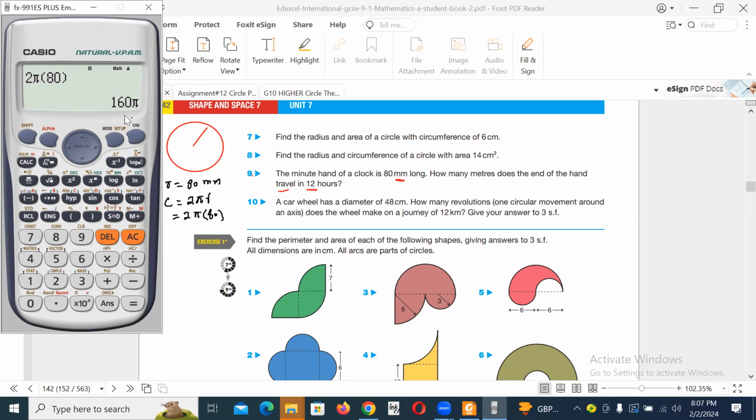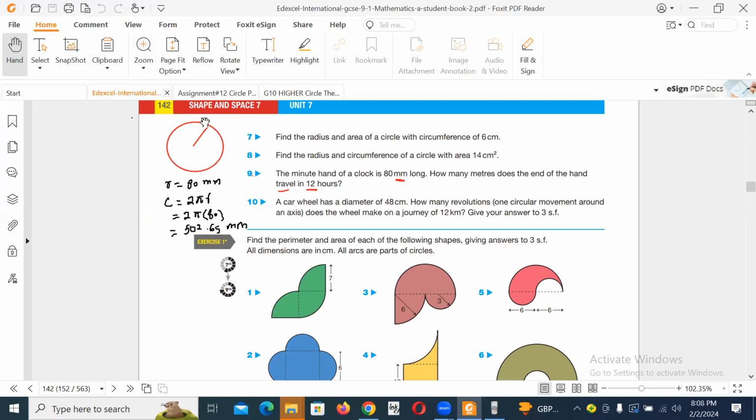I'm getting 160 pi, which is equal to 502.65. It is in millimeter, remember. And now we will move onward. This is the distance traveled in 1 hour.